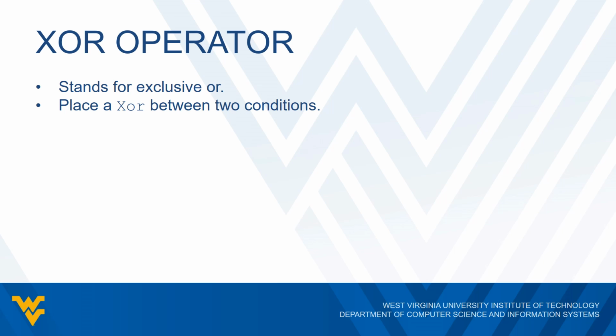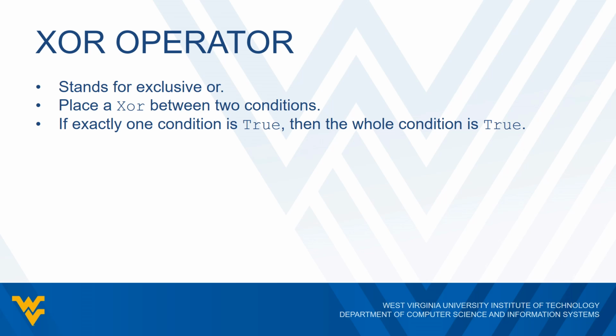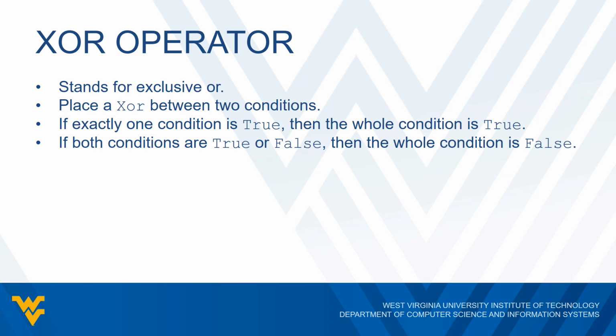With XOR or exclusive OR, exactly one of the conditions has to be true. So if exactly one is true, then the whole condition is true. However, if both conditions are true or both conditions are false, then the whole thing is false. So exclusive OR is saying that one can be true or the other, but not both.